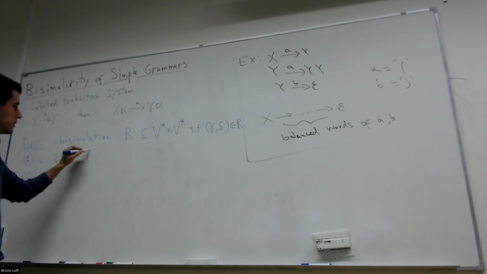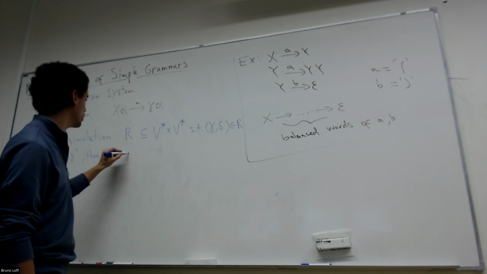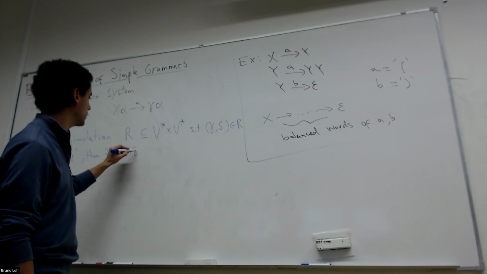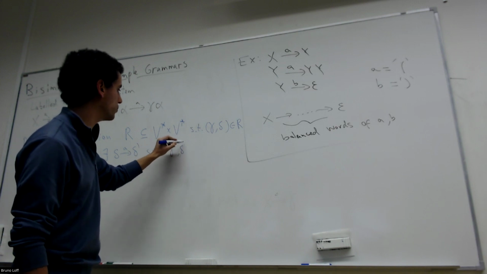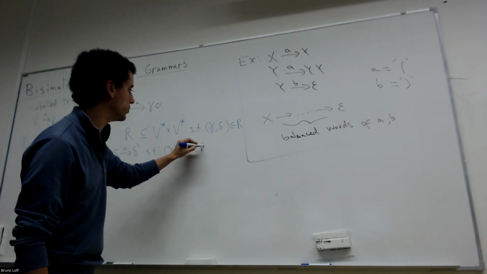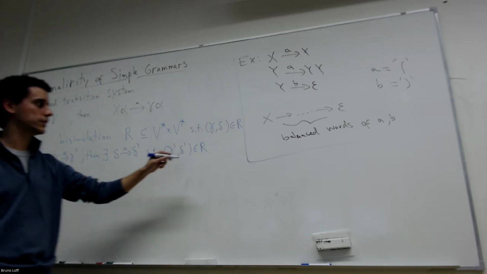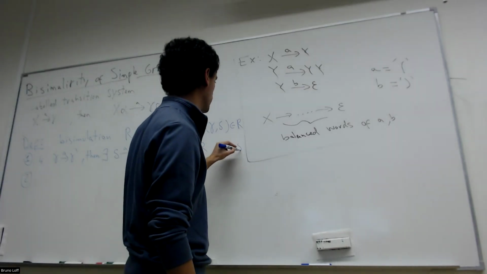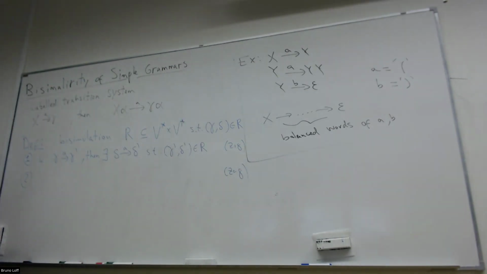So there exists some transition from delta to delta prime, such that the corresponding pair of words is in the relation. You can call this the zig. If you only have this property, this means that R is a simulation in one direction.